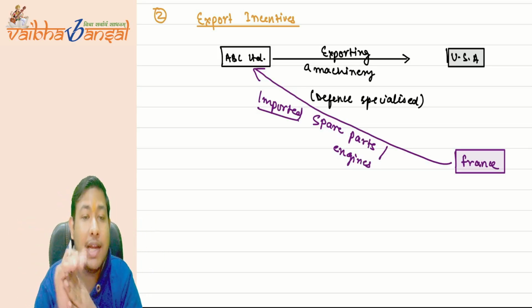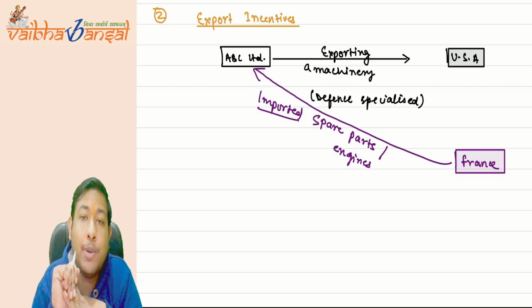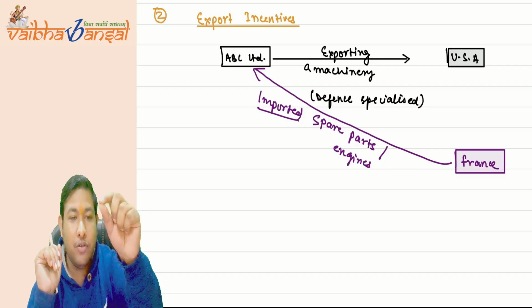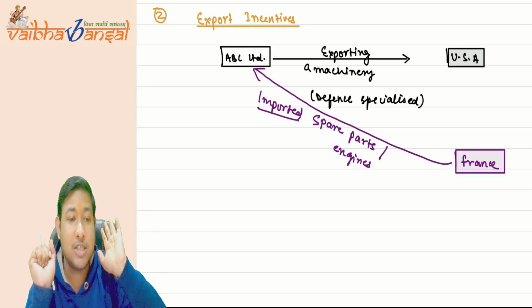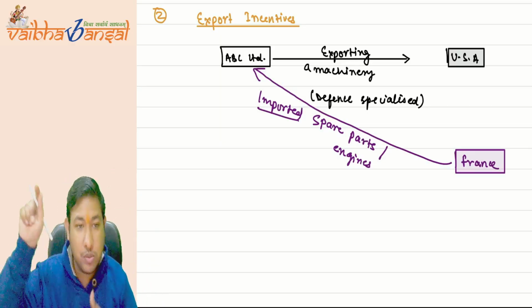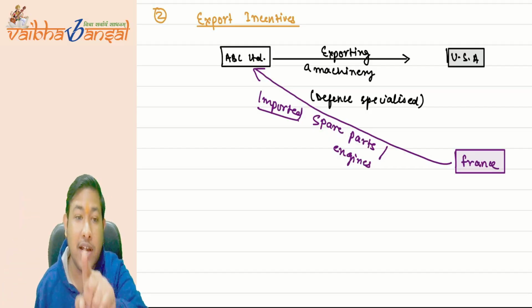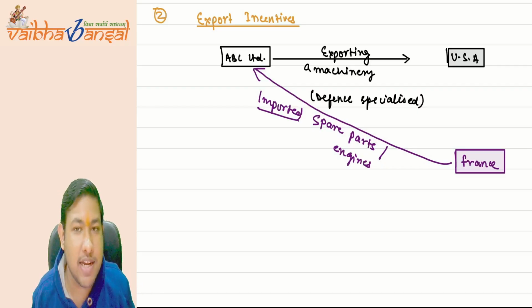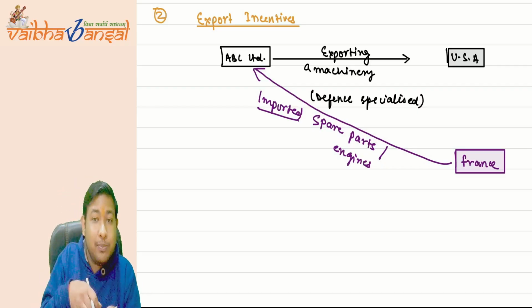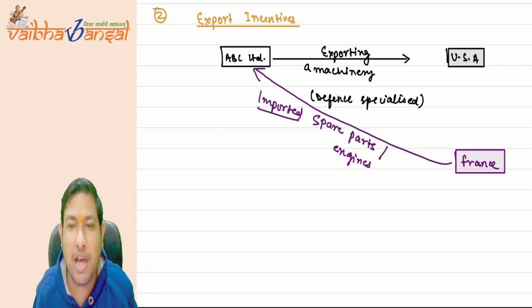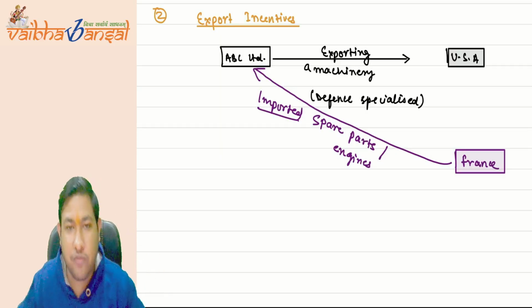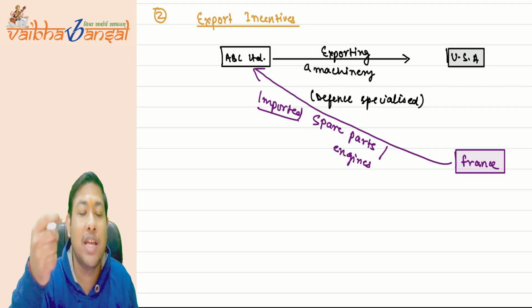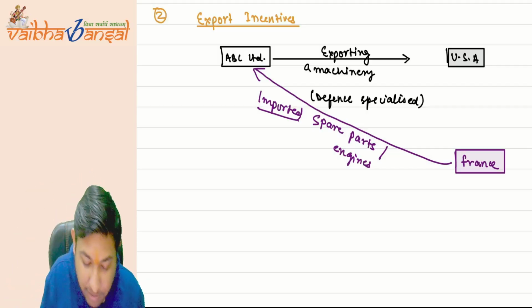So for that, the Government of India is saying that if you are exporting these defense specialized things, which the USA needs from India, and for that purpose you need any spare parts or engines from France, then we will give you the benefit on those imports.